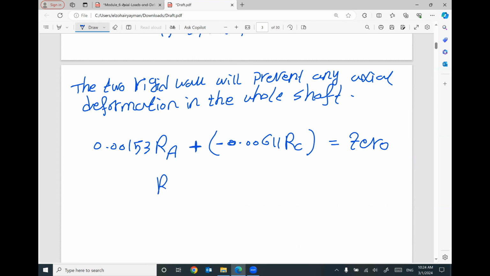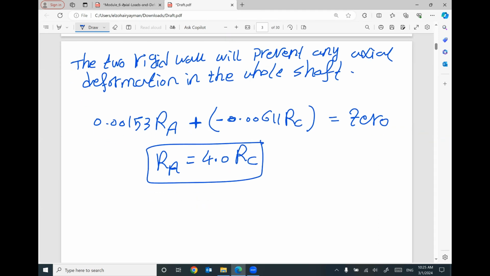From this, I can say RA will equal, for RC, what happened?